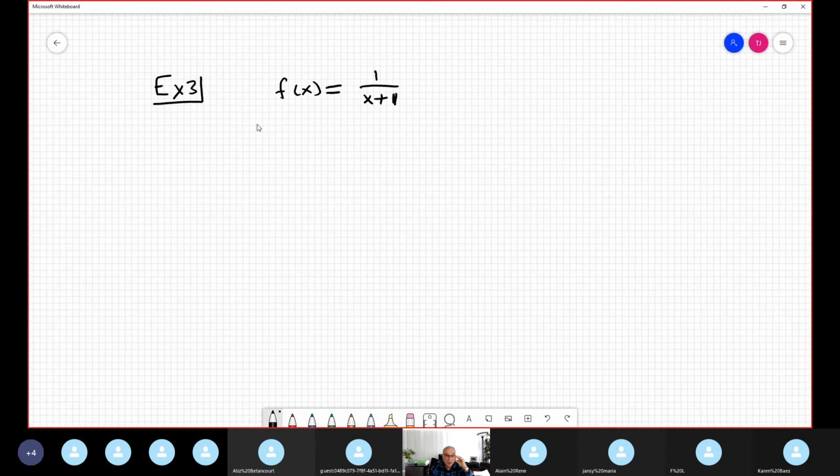This is like a rational expression. Degree 0 on the top, degree 1 on the bottom. So day 1, you apply everything: determine if it is 1 to 1 or not, determine the equation for the inverse, verification using the composition, determine domain and range, and finally do the graph.